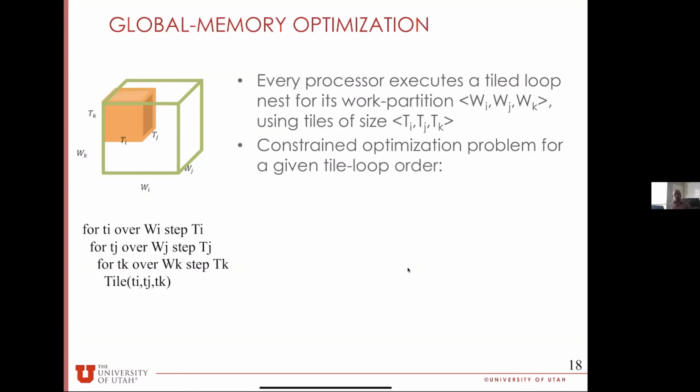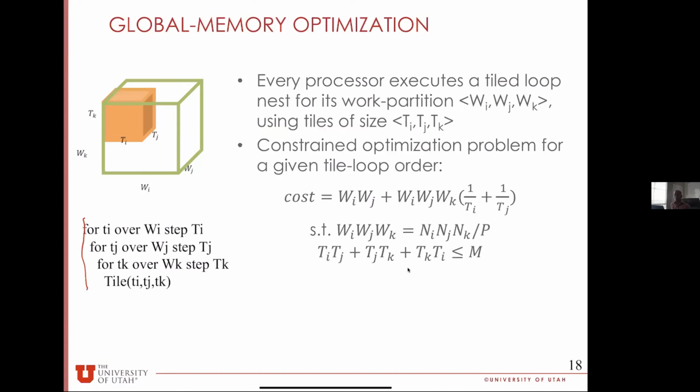So now for a particular tile loop order for this processor, there's no issue with respect to the different processors. They're all going to execute their W partition concurrently, but each processor is stepping through its tiles over its work partition range in steps of its tile size.